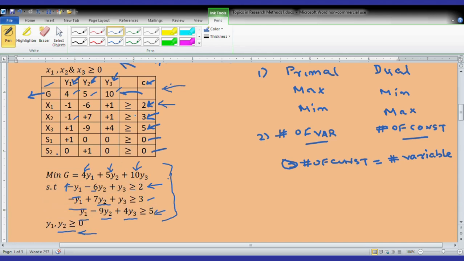See that if you look into the second last row here, you have a coefficient of y1 equal to 1, and the rest of the coefficients are 0, and so we have y1 equal to or greater than 0. So this is the equation saying y1 is equal to or greater than 0.